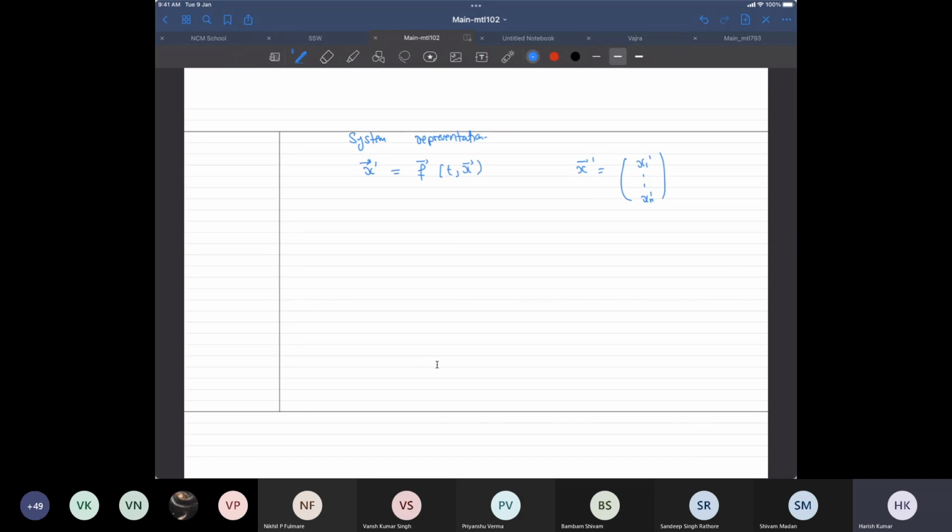Now we are looking at the ODE of this one, and our aim is to study existence, uniqueness, and well-posedness of the corresponding initial value problem.